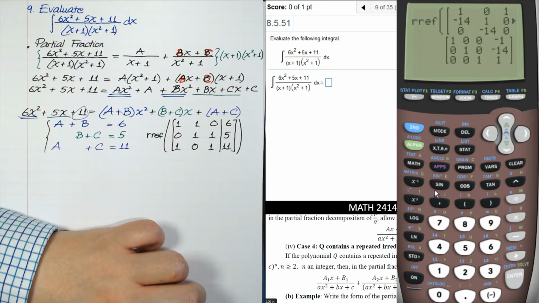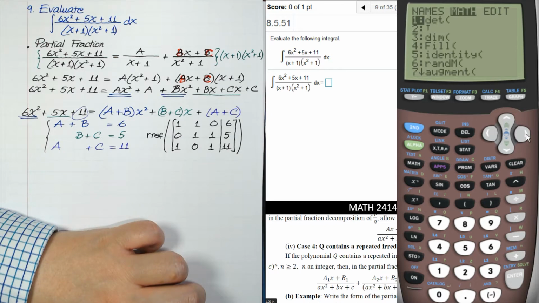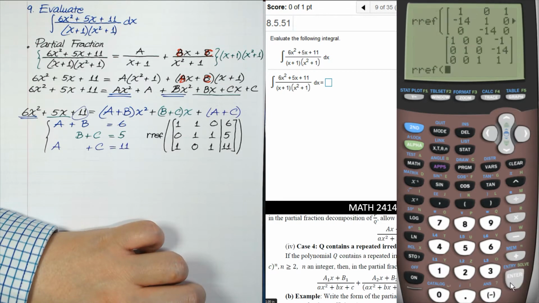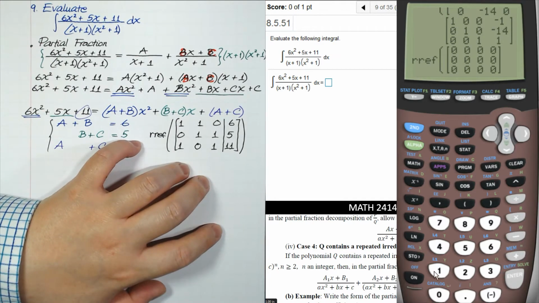Right. Second matrix, math, option B, alpha zoom, 3x4 matrix, 1 for A, 1 for B, equal to 6.